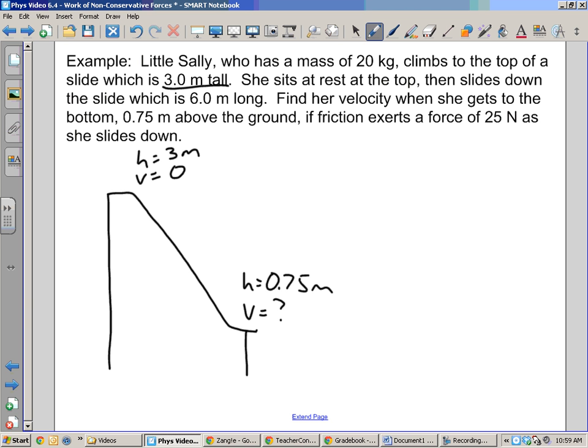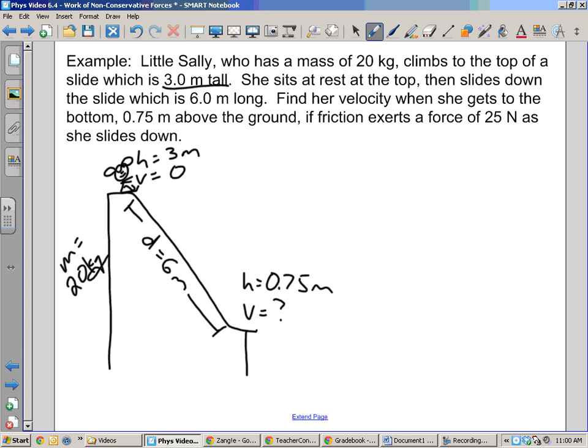Other information that we've got is Sally's mass, which is a measly 20 kilograms. So here she is. Hello, very small baby Sally. And the length of the slide, the distance that she's going to slide is 6 meters.